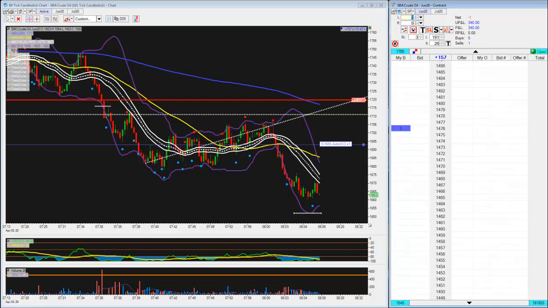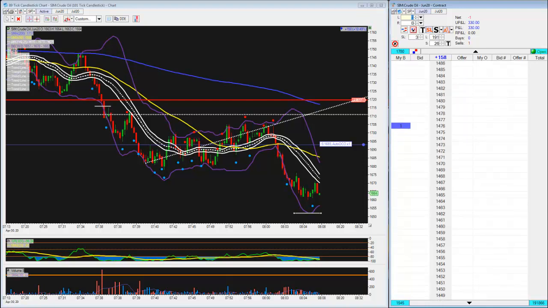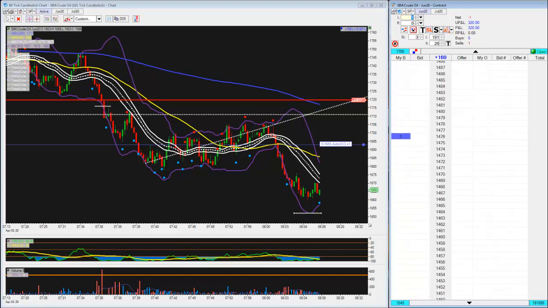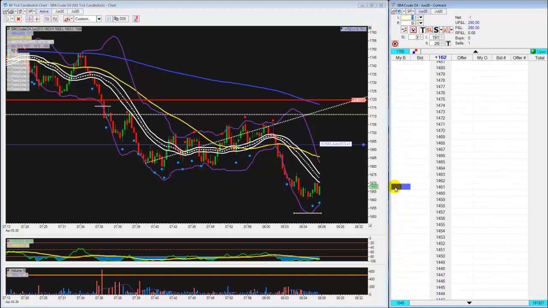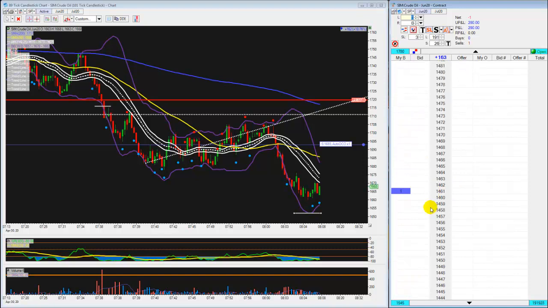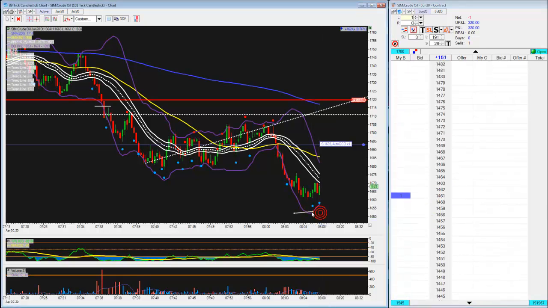We'll win it with a move to 14. Yeah, we'd win with 1461, so let's go there. We'll win with a lot greater than that too, or a lot less than that. But hey, let's dream while we're here.